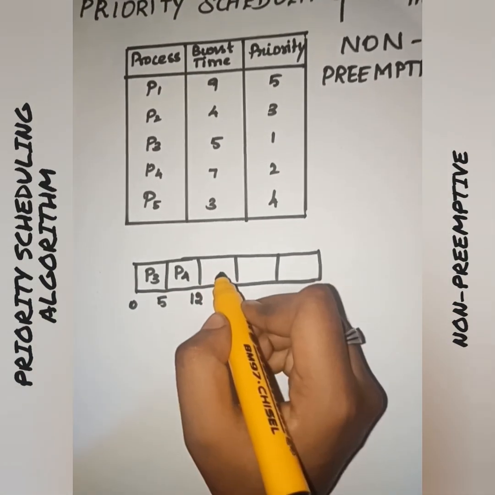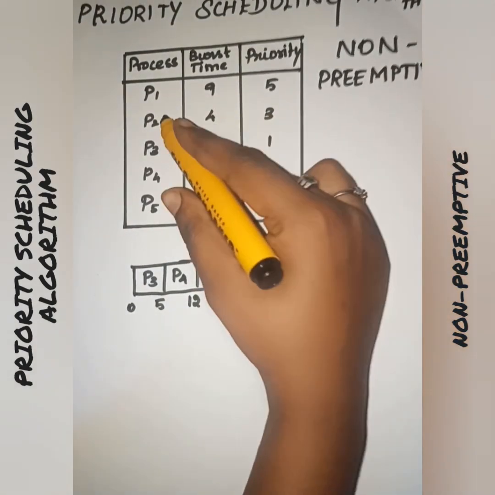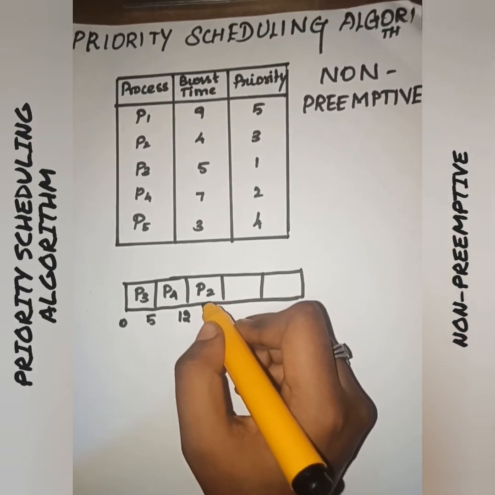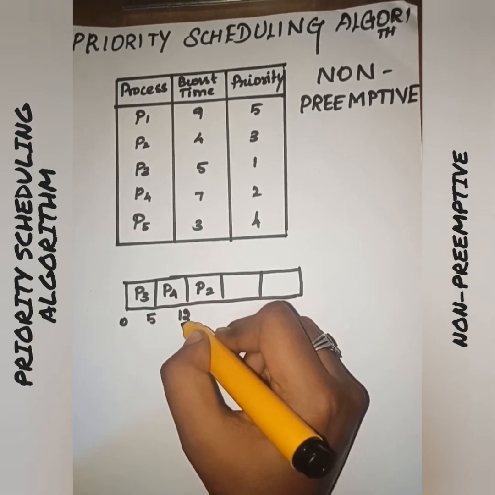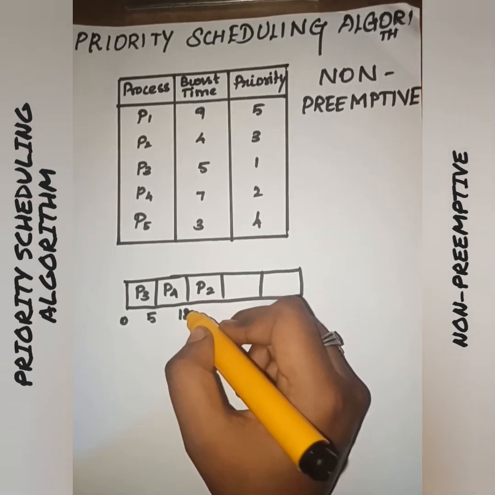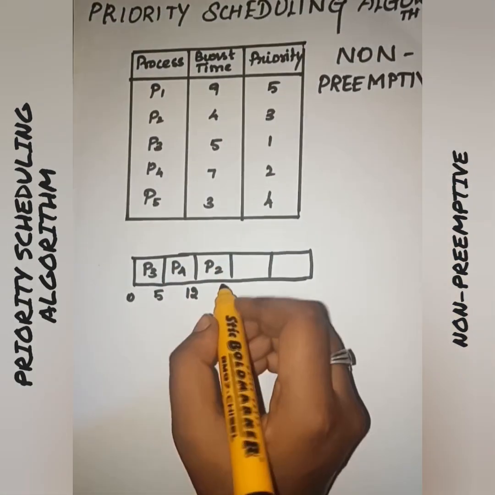The next turn is for process P2. The waiting time of P2 will be the execution time of P4, that is 12. Then the execution time of P2 is the waiting time of P2 plus the burst time of P2. 12 plus 4 is equal to 16.